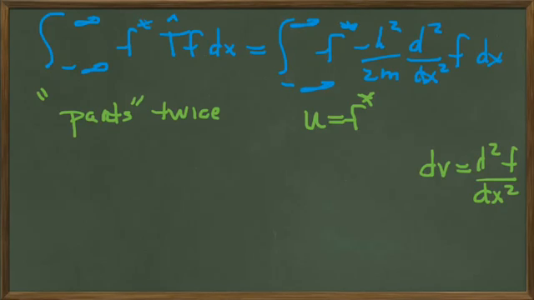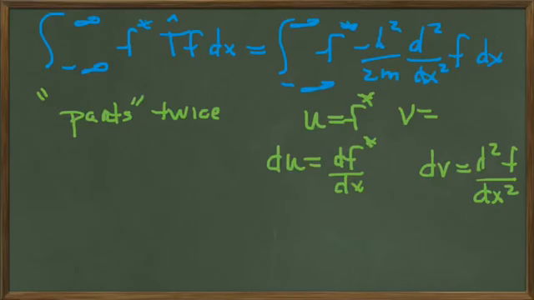So after we've identified u and dv, the parts technique says calculate du, the derivative of u, so that's just going to be the derivative of f asterisk with respect to x. For v, I'm going to ask for your help. V is the antiderivative of dv.